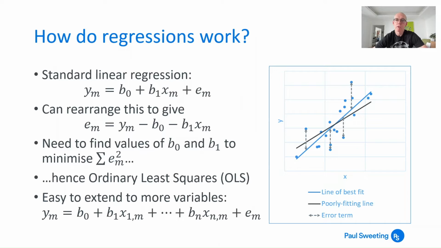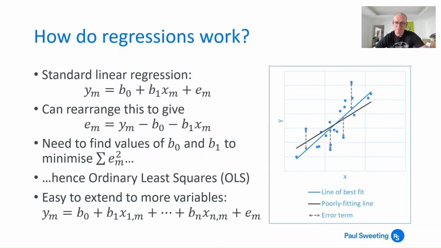So if you look at the most standard linear regression, you've got a variable ym on the vertical axis and a variable xm on the horizontal axis, and you're trying to describe the linear relationship between them. You do this by having a constant, which is b0, and a slope variable b1, which you multiply by xm to get you the line.